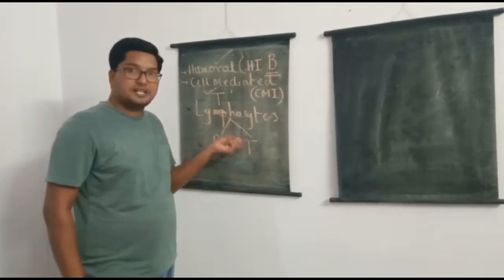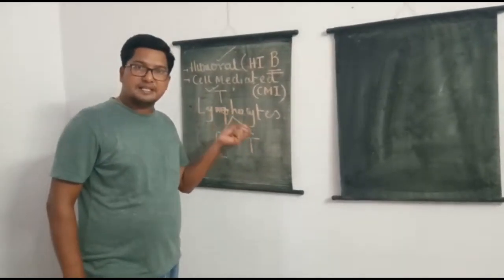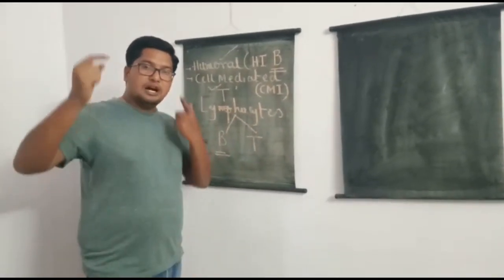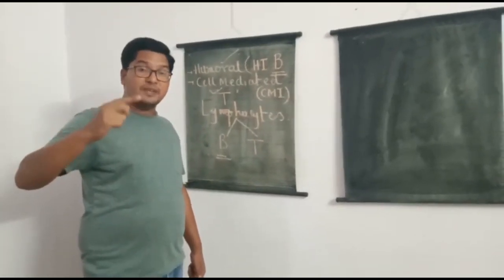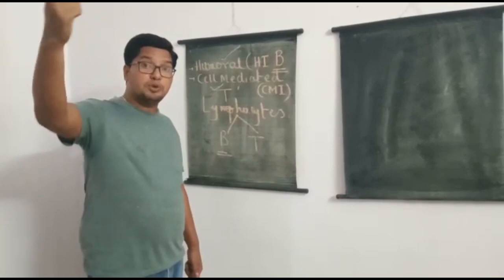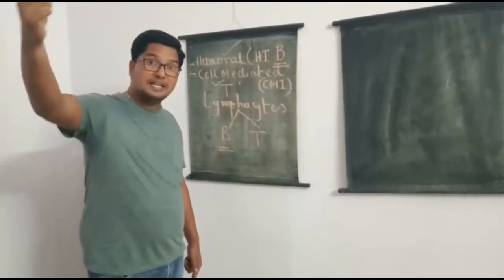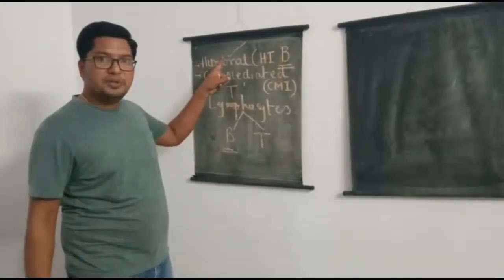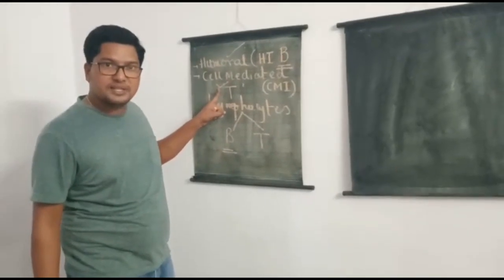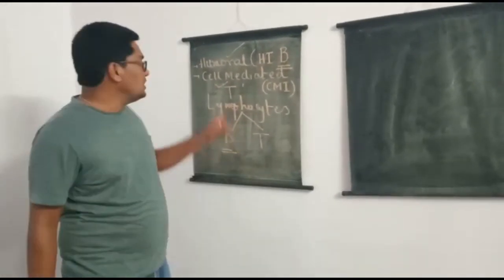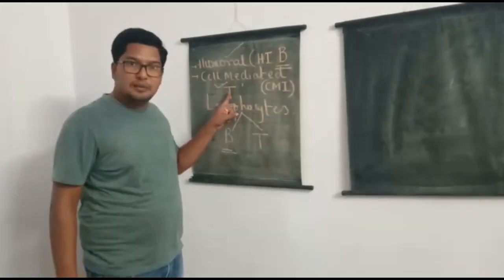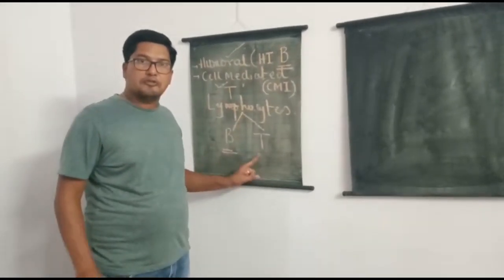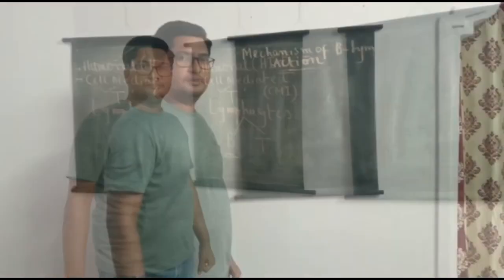So with this introduction, I want students to understand, whenever a foreign antigen enters our body, our immune system elicits 2 types of immune responses. They are broadly classified into humoral immunity and cell-mediated immunity. Broadly speaking, humoral immunity is the function of B lymphocytes. Cell-mediated immunity is the function of T lymphocytes.